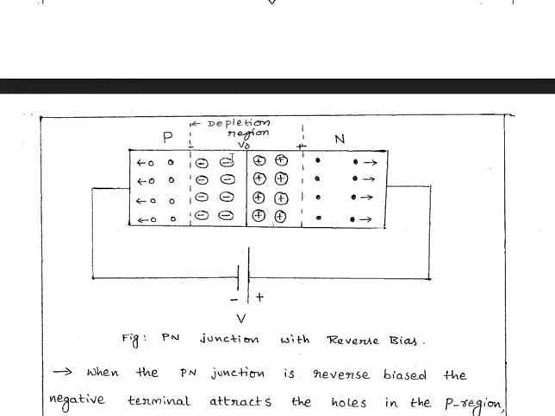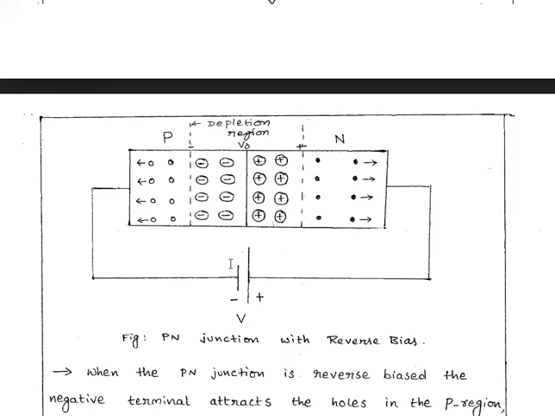When the PN junction is reverse biased, the negative terminal of the battery attracts the holes which are present in the p region of the PN junction away from the junction. They will be attracted towards this plate of the battery.